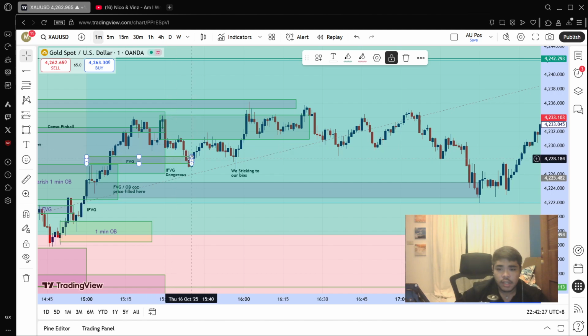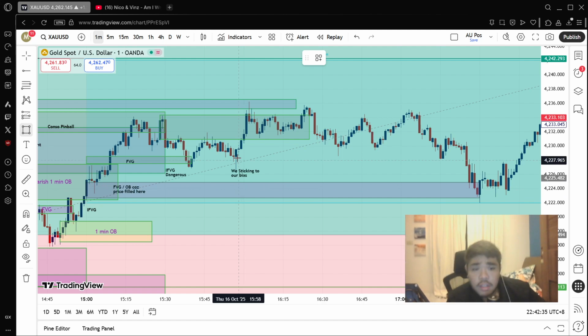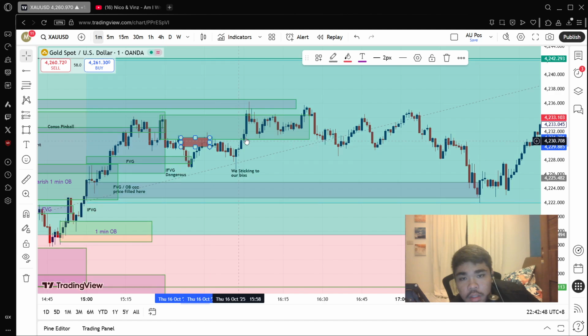So there was this guy. I can use a rectangle for a while. What happened? Because of this downwards movement before the upwards movement, that is the order block. So I think the order block is, wait, why did that fail?